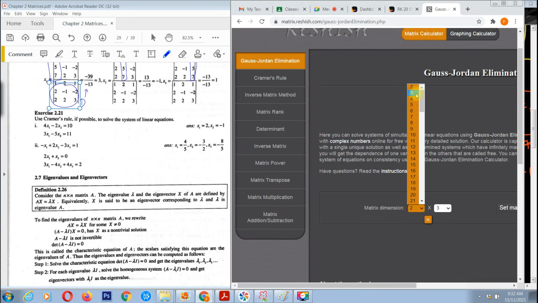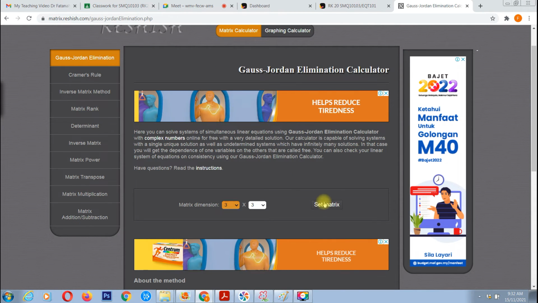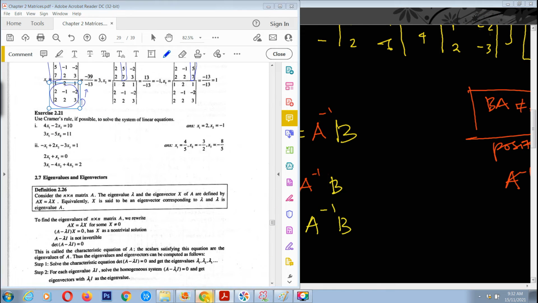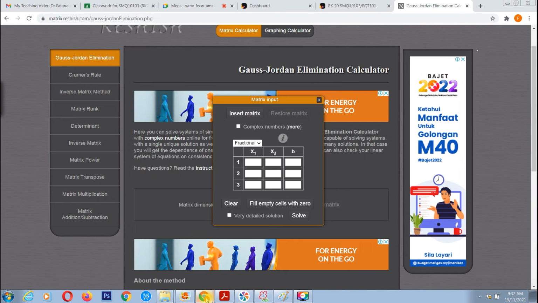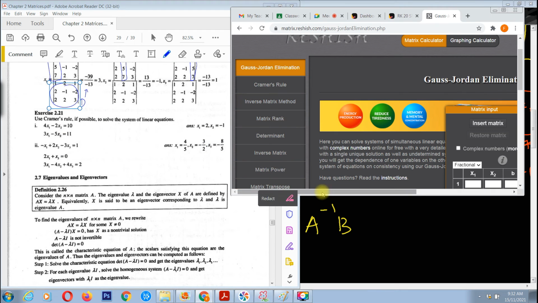I already put the link into your add comment.